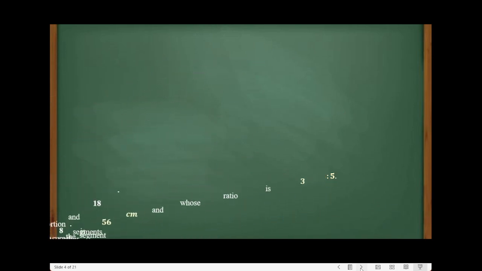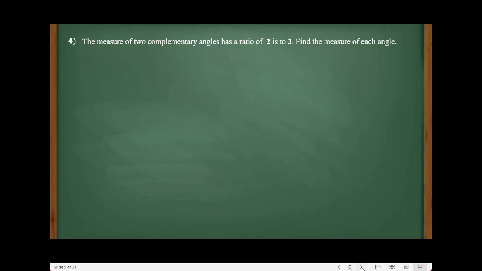Next, the measure of two complementary angles has a ratio of 2:3. Find the measure of each angle. For our solution, let x be the measure of one angle, and 90 minus x be the measure of the complementary angle to x.